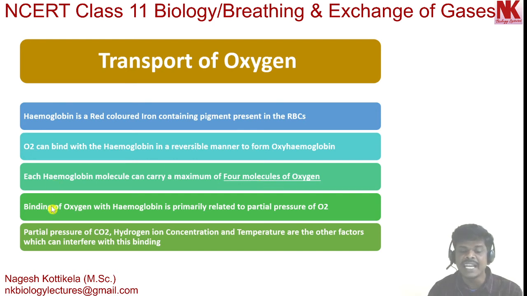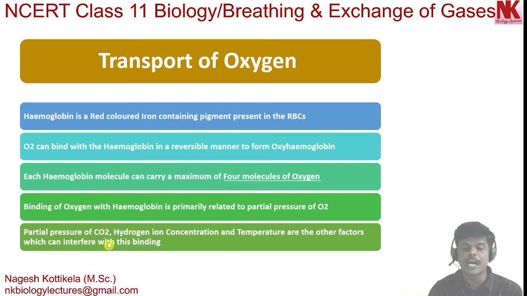Okay? Binding of oxygen with hemoglobin is primarily related to partial pressure of oxygen, as we discussed earlier. The rate of diffusion is affected by partial pressure of gas. Okay? Here, partial pressure of oxygen.